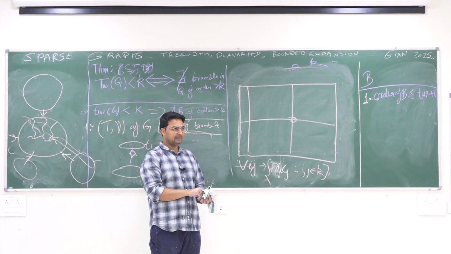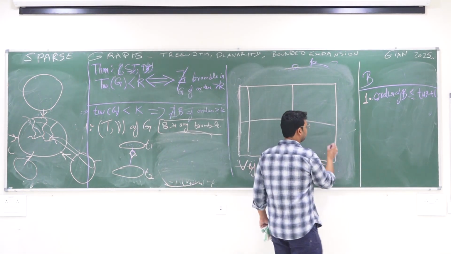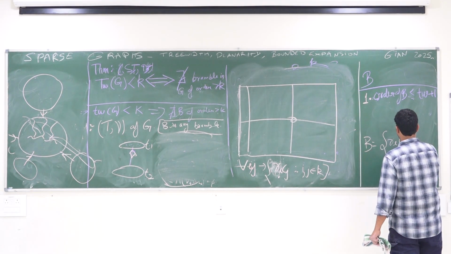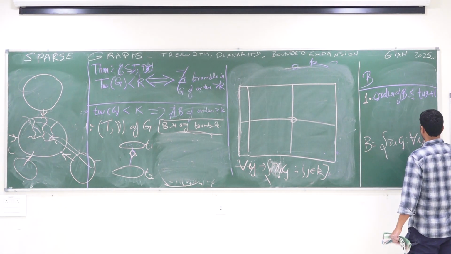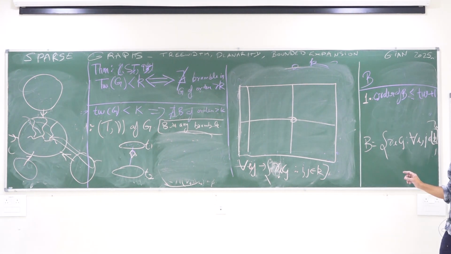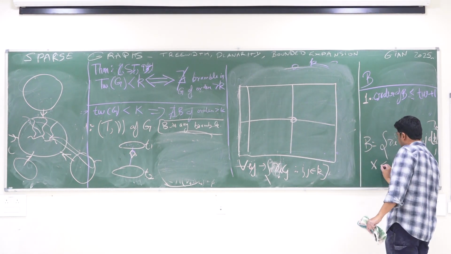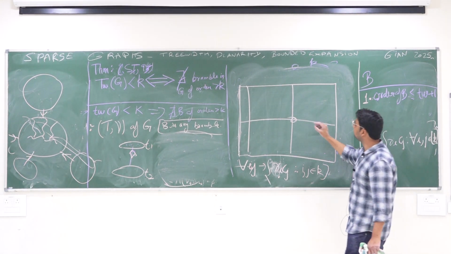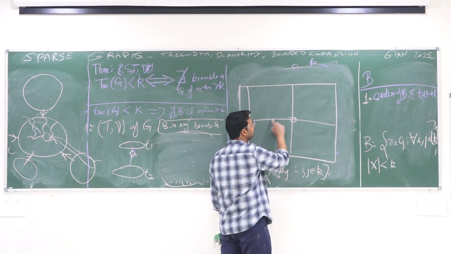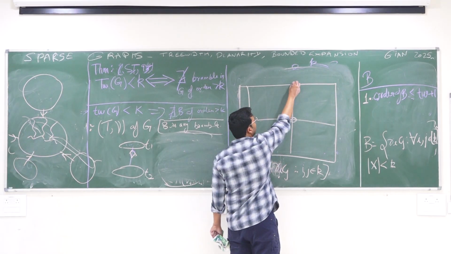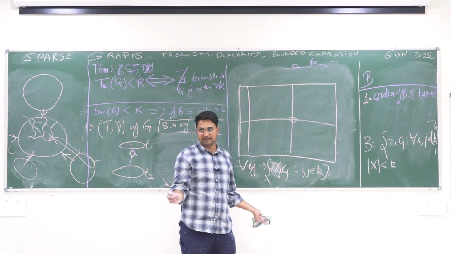So if I take my Bramble as this set, row i, column j for all i, j in [k], and if I take any set X which contains less than k vertices, then I will miss at least one row and one column completely by pigeonhole principle. And since this was my component, it cannot be hit by anything else.